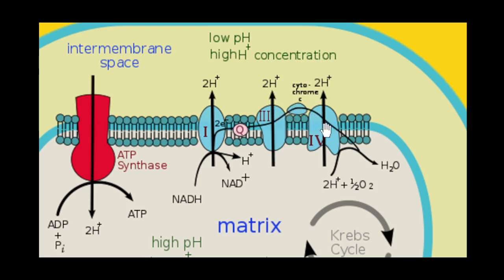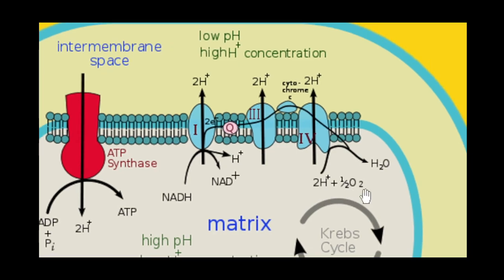Finally, the last electron acceptor that we have is oxygen. It's kind of similar to photosynthesis, right? But here, oxygen is needed because oxygen will accept that electron.